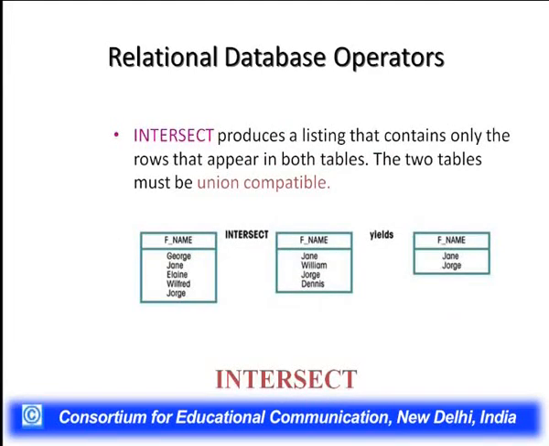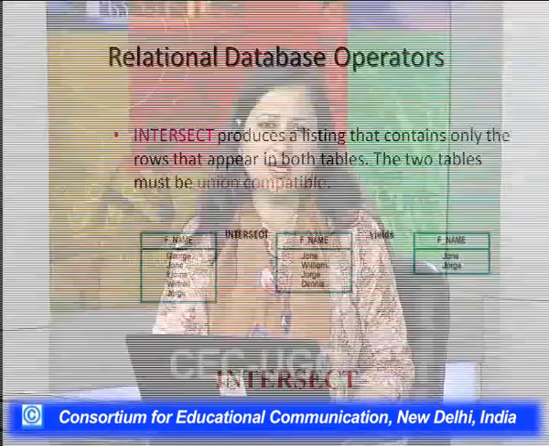The next is the intersect operator. The intersect operator works more like the set intersection operator, which will find only those rows which appear in both the tables. Again, the tables which you are choosing for intersection must be union compatible, that is, the type, number and the domain of the attributes within the two tables should be the same.